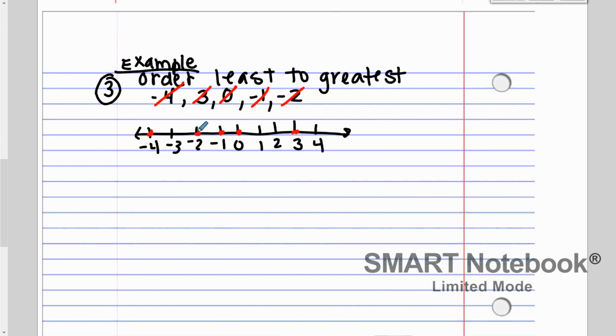Like I told you before, number lines are in order from least to greatest, so we can just list these numbers going left to right with those dots. The first dot is on -4, so that's our smallest number, then -2, then -1, then 0, and then 3. That is our list of those numbers least to greatest.